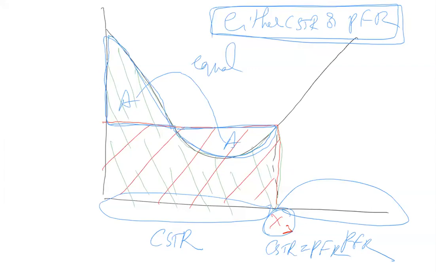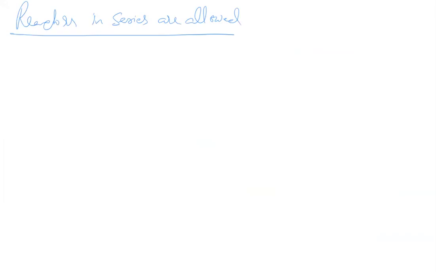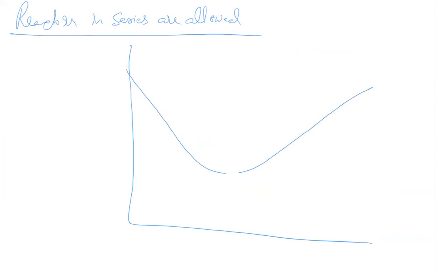Now, the next point: suppose reactors in series are allowed. Then what happens? Which reactor will you select?